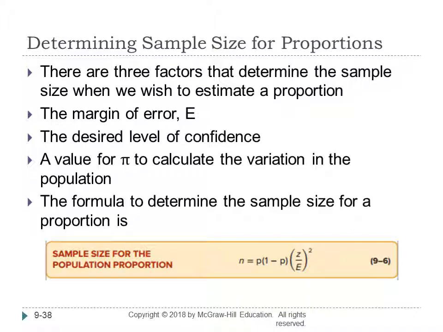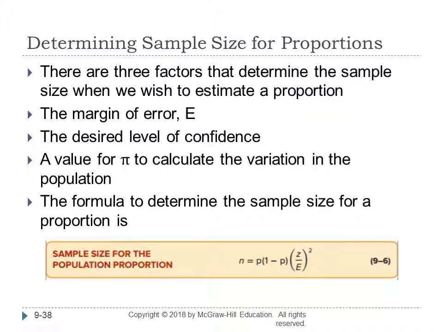The next thing is we want to see how to estimate sample size, this time for a proportion. But again, there are the same factors that determine the sample size for estimating a proportion. Of course the margin of error, E, the desired level of confidence, and a value for pi to calculate the variation in the population.